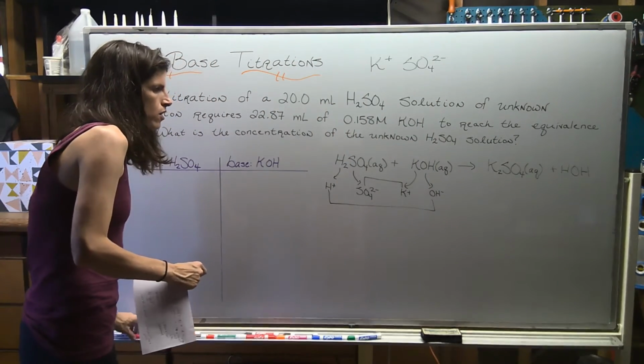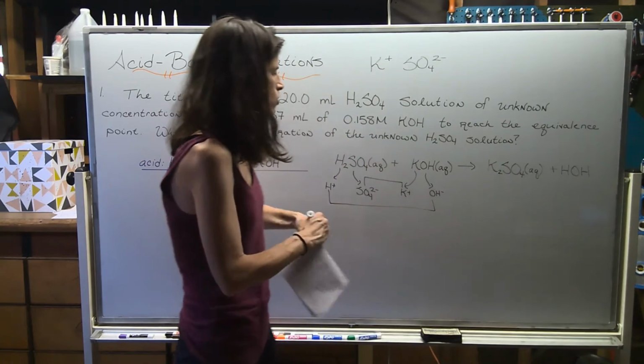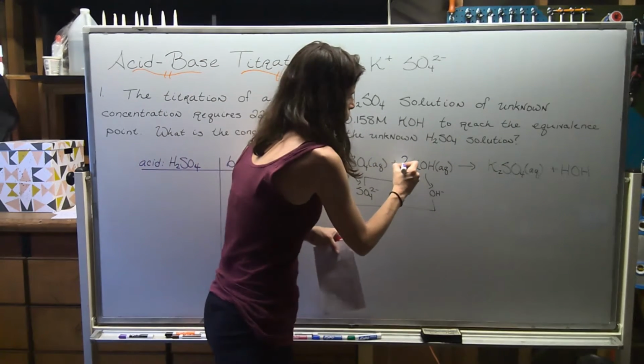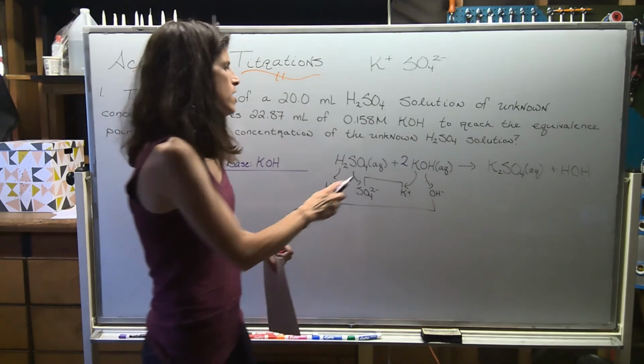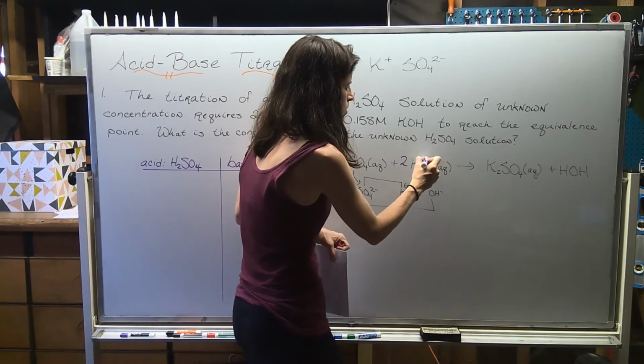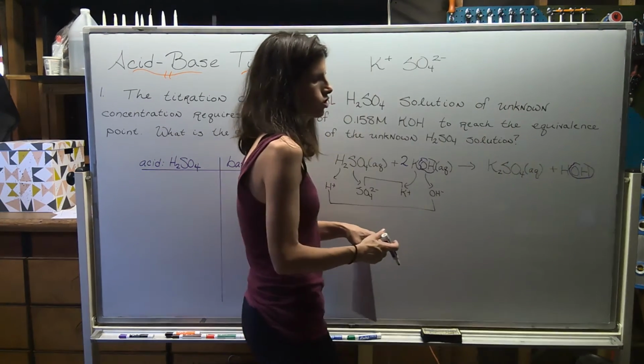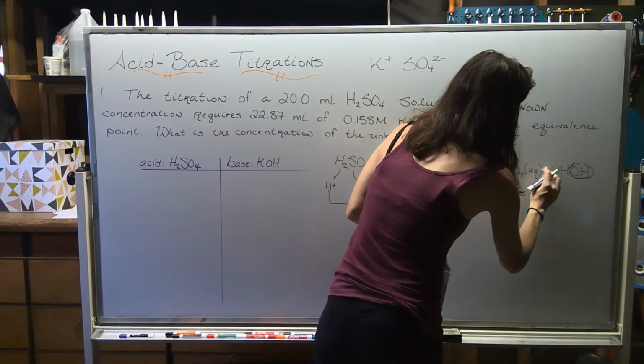And let's see, so there's 2 potassiums, so I'm going to put a 2 out front here, and then that gives me 2 OHs. Over here, I only have 1 OH, so I'm going to put a 2 out front there.